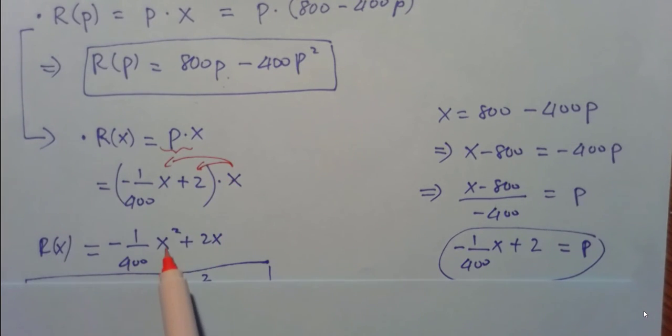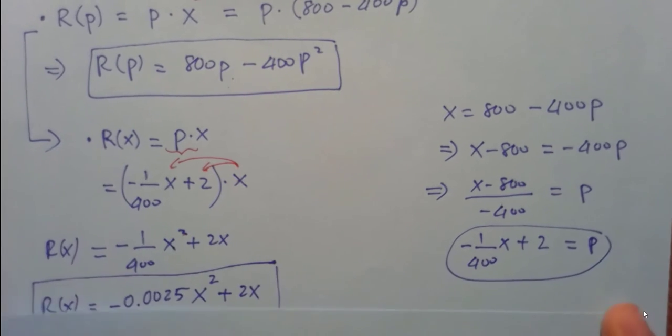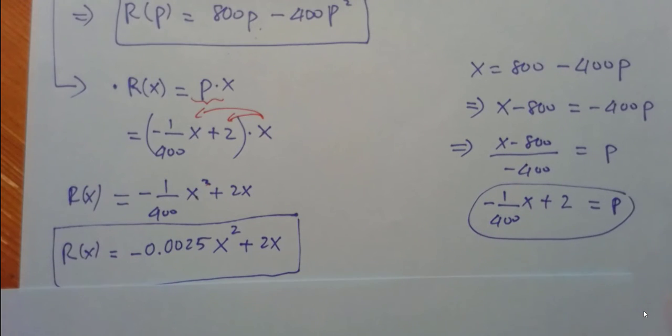X goes here, becomes x squared, keep minus 1 over 400. X times 2 gives me 2x. And to further simplify that, I can divide 1 over 400, which is 0.0025 x squared plus 2x. So that is the expression for the revenue in terms of x only. So now you don't see any P here, but only x.